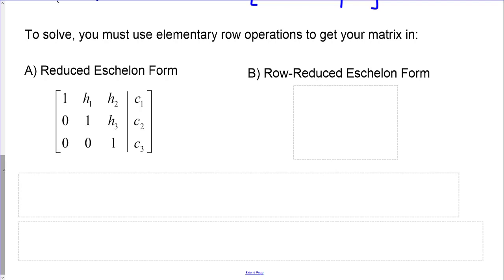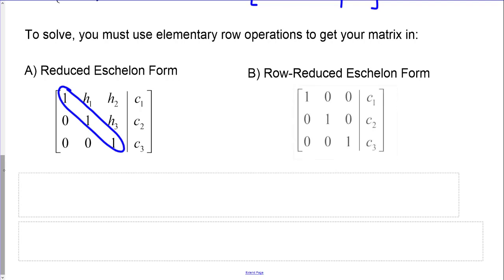The main diagonal is this right here. In row-reduced echelon form, the main diagonal is all ones, and everything else is zeros.